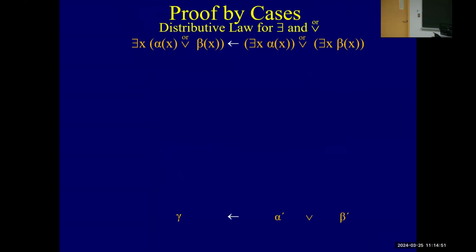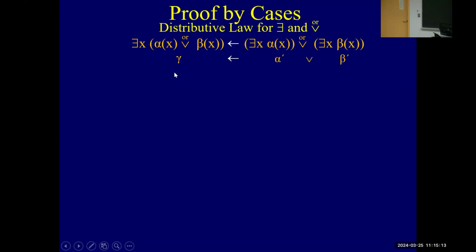So how are we going to do this? Let's see, what are we doing? We have to go one direction or the other. So here, right, we got the or of something here. Here's some statement, and here's some statement. We have an or, and we have to prove something, right?